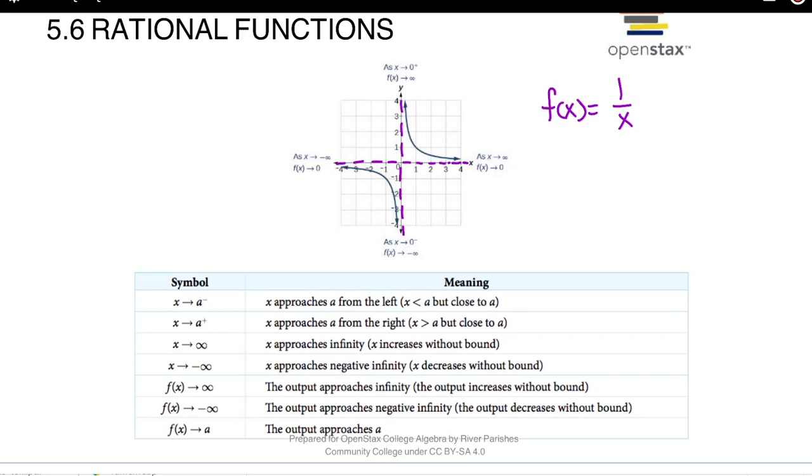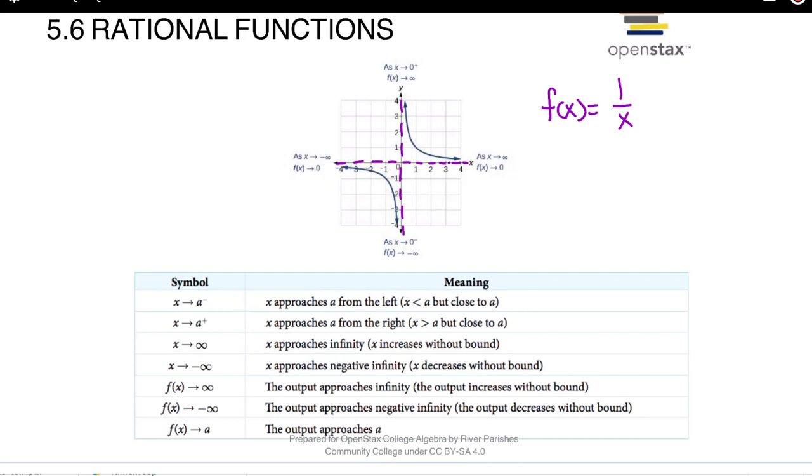So what we want to show is what is going on with the graph. What is it approaching in terms of the y, or the f of x? So in this case, as x is approaching negative infinity, it looks like the graph is approaching 0. So it's kind of like this is a ceiling right here. This graph is never going to go past it on this side.